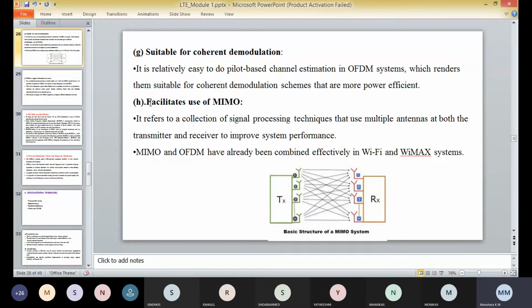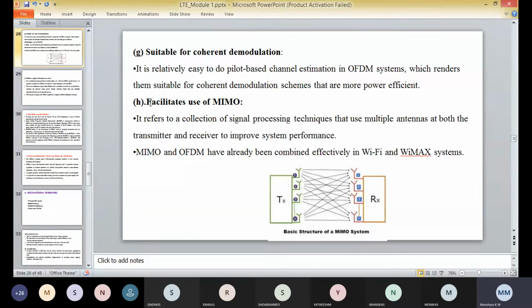And the next one is that it facilitates the use of MIMO. OFDMA converts a frequency selective broadband channel into several narrowband flat fading channels. Hence MIMO can be implemented.